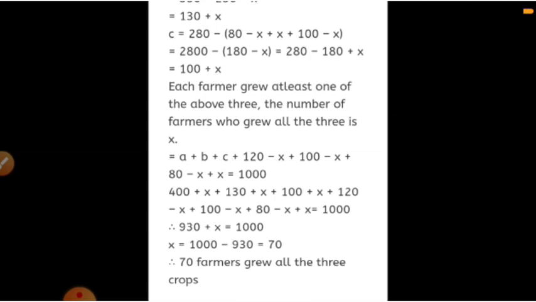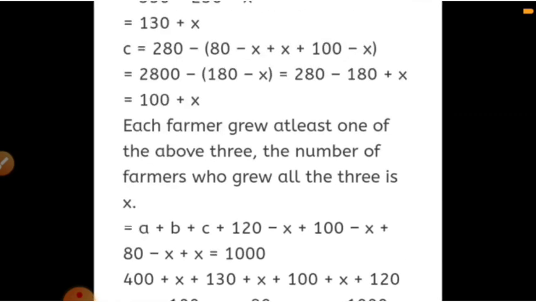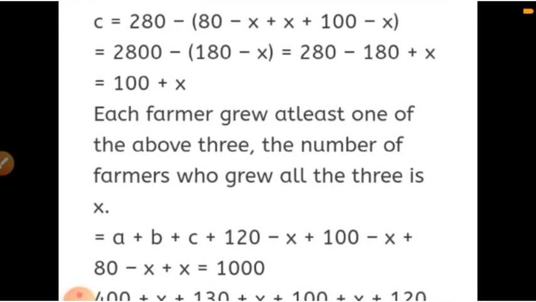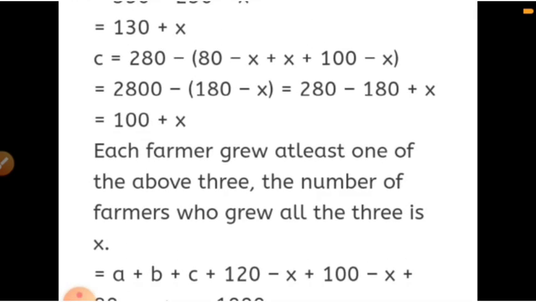Next C is equal to 280 minus of 80 minus x plus 100 minus x.